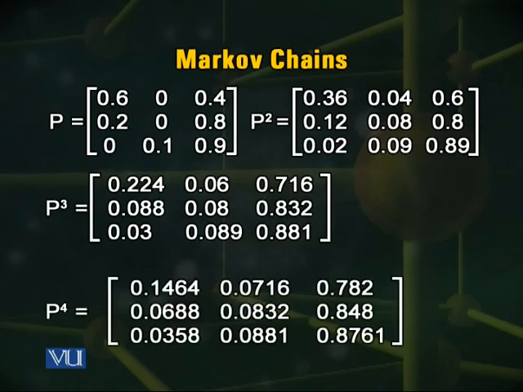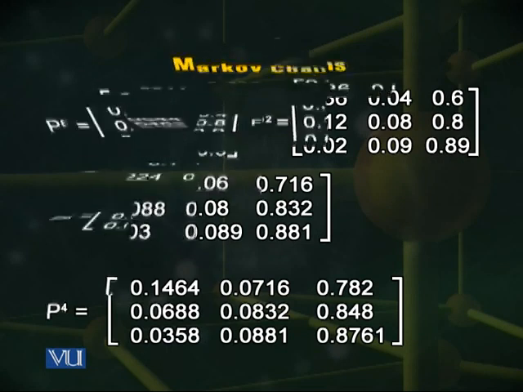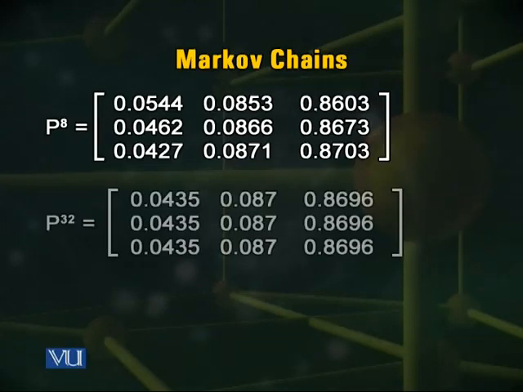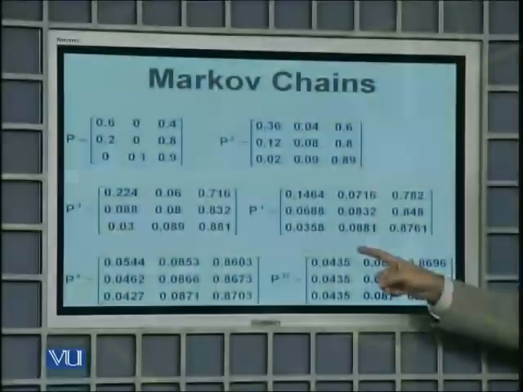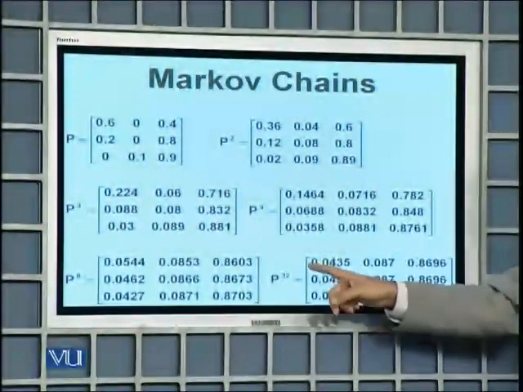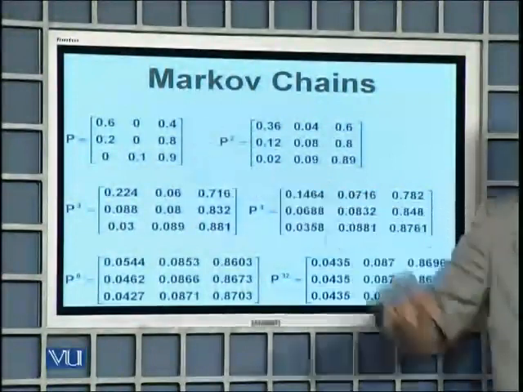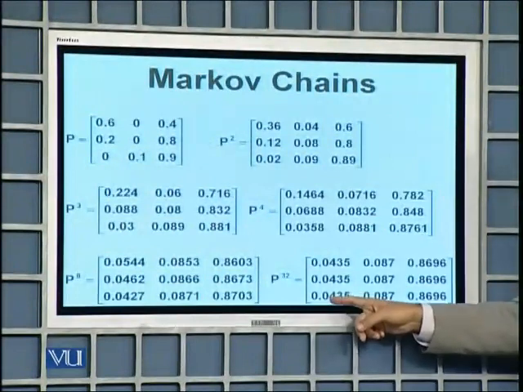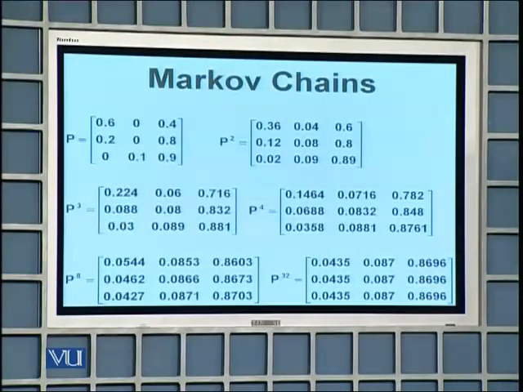Fourth power again different values. And if you take 8th power, the values seem to be converging. And if you take 32nd power of P, then these values have definitely converged, as all columns in the 32nd power of this transition matrix P have same values with 4 digits of accuracy.